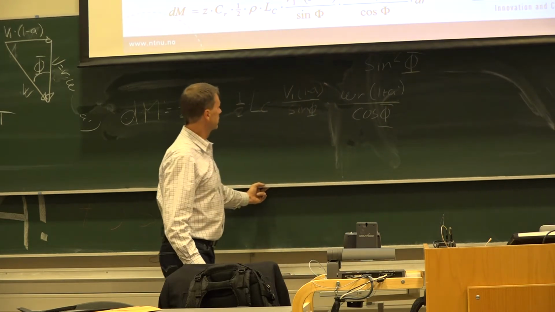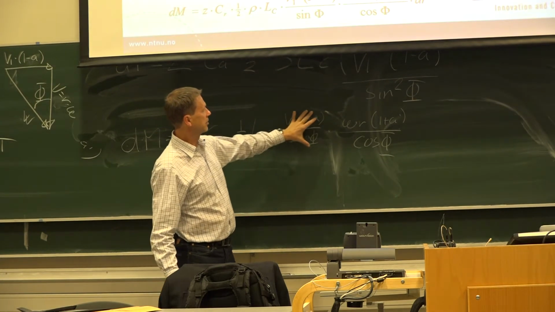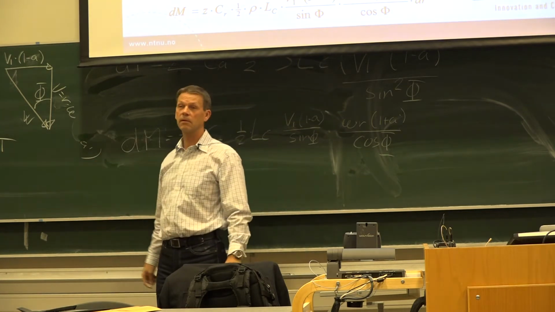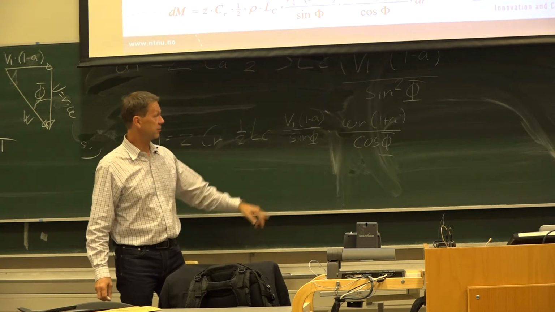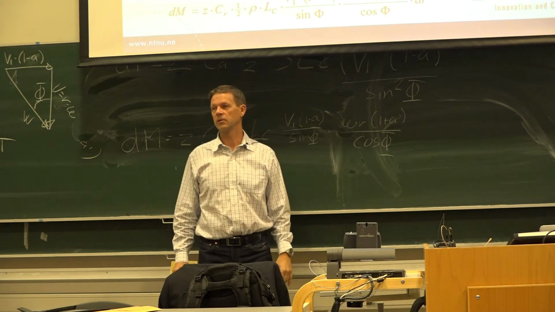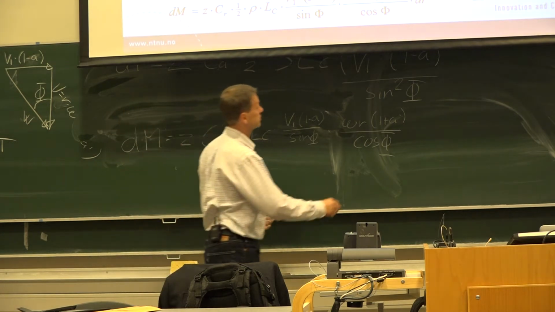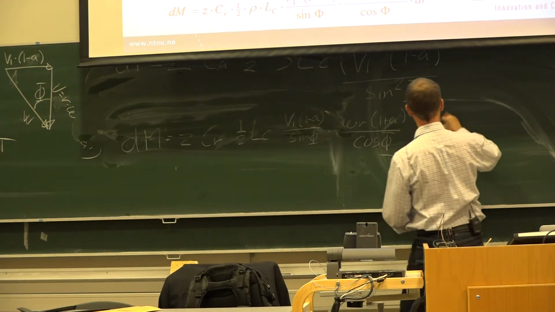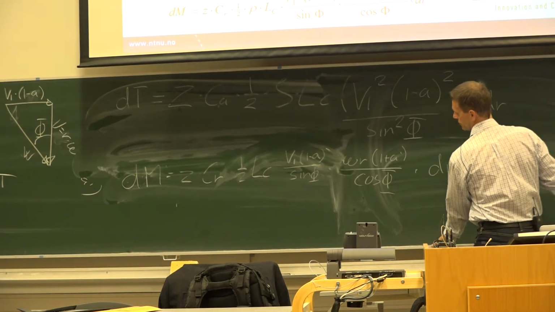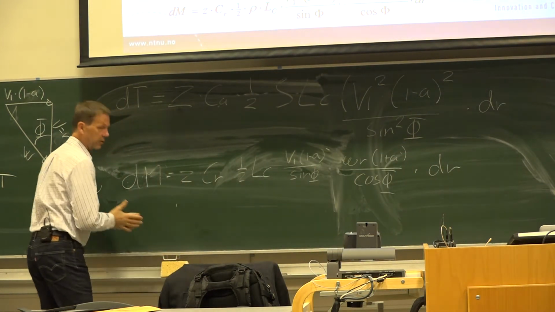Take a look at this one. We are introducing the W squared. We're using both expressions in the velocity triangle, and the reason is that we want to introduce both the axial induction factor and the rotational induction factor. So those are the two equations we have derived from the airfoil theory.